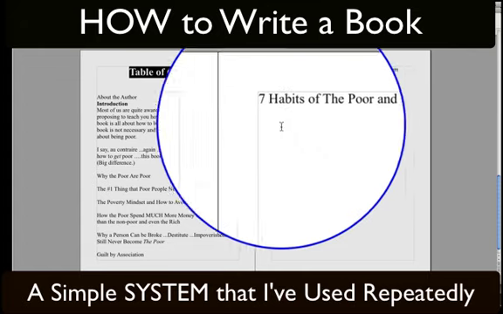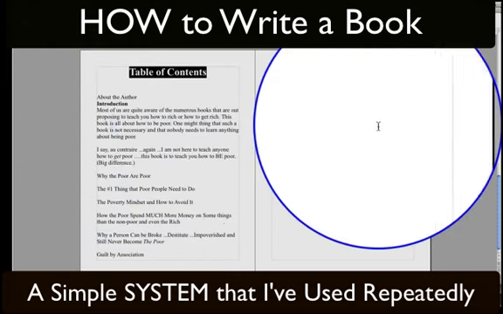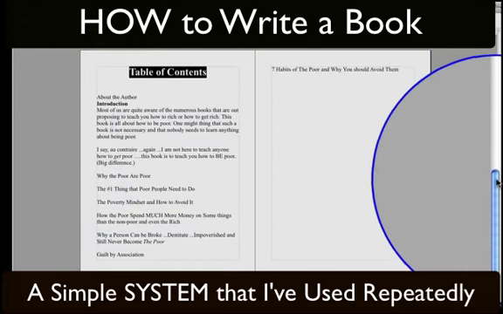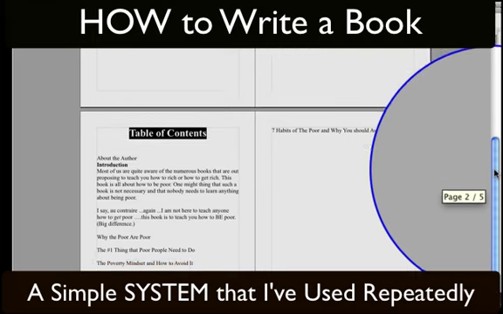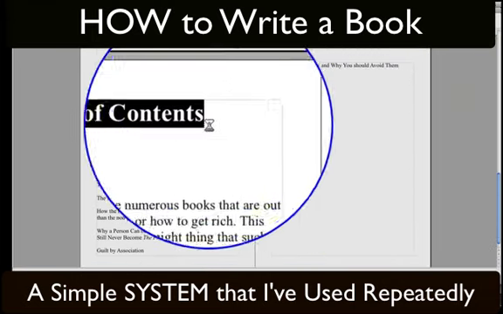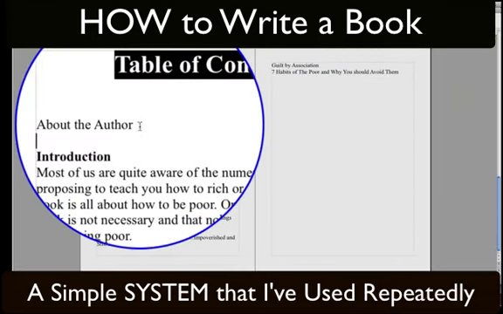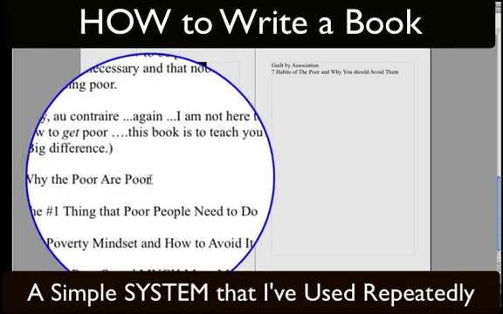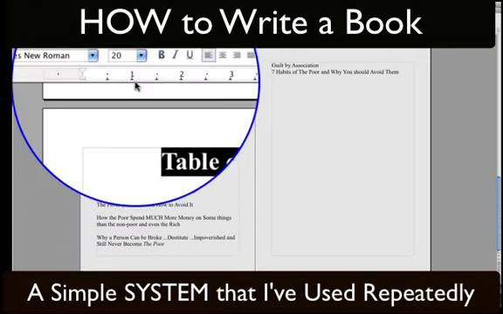Okay, let's take a look at what we have so far. We've got the title, How to Be Poor by Khalif Johnson, table of contents, about the author, introduction, why the poor are poor.